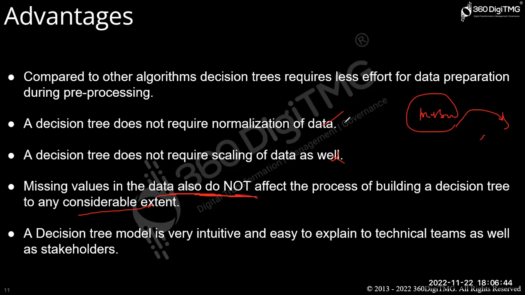These are the advantages. Also, the decision tree model is very intuitive and easy to explain. Explainability, like in the example I have given, is very good compared to any other model. That is the reason we go with decision tree, and these are the advantages over other algorithms.